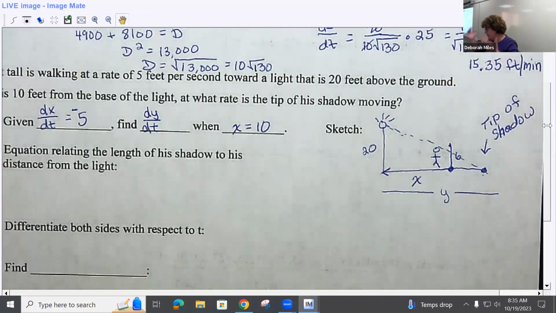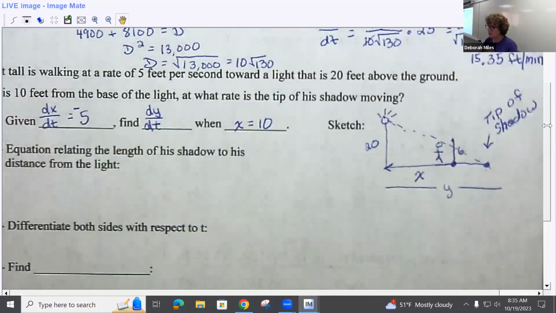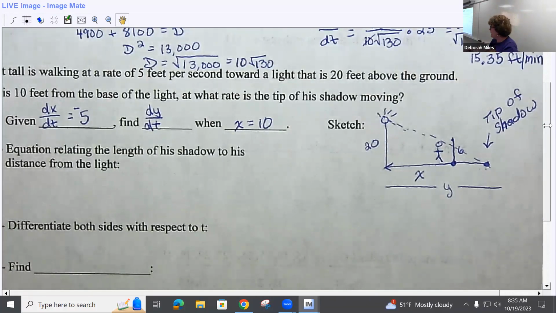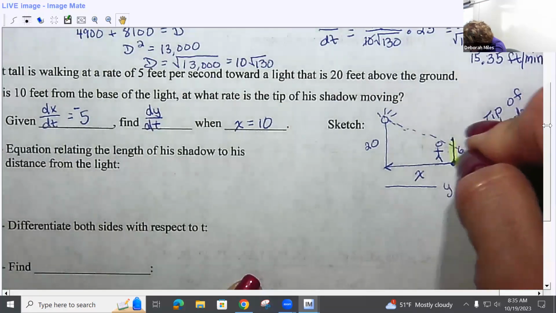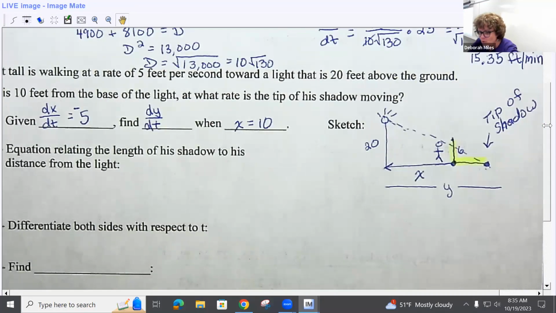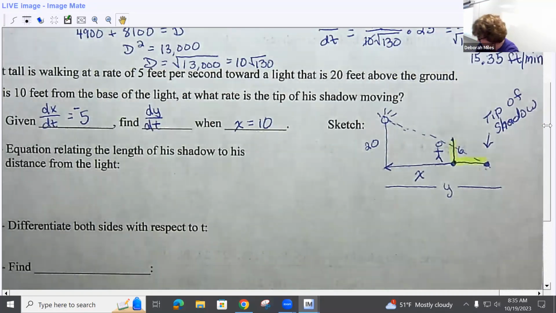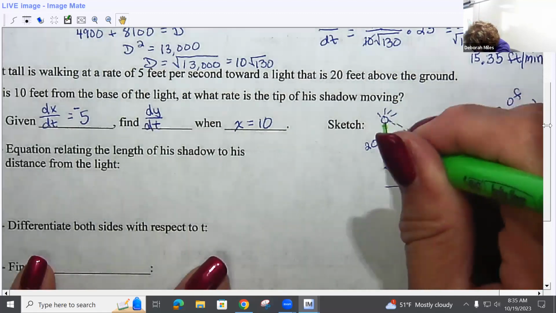And there's different ways you could set up this equation. I like to set up my similar triangles as little is to big, as little is to big. My little triangle being the yellow one, and the big triangle being the green one.